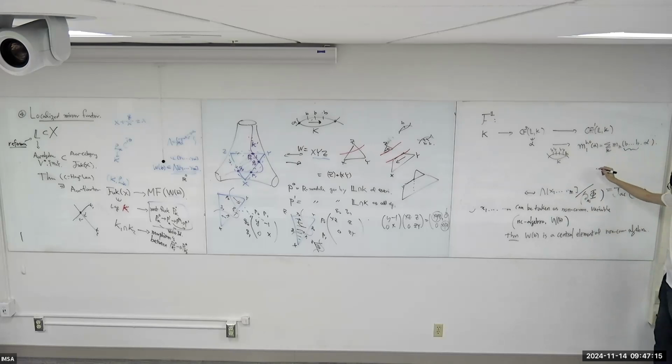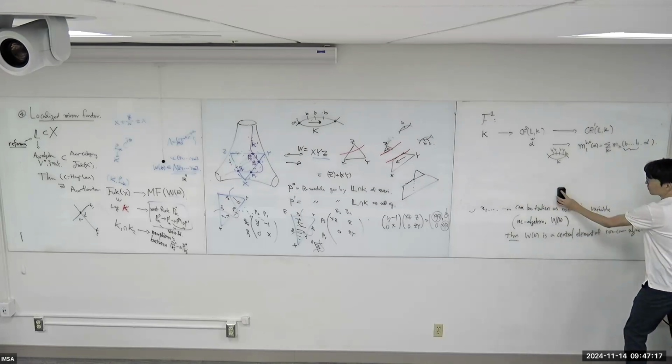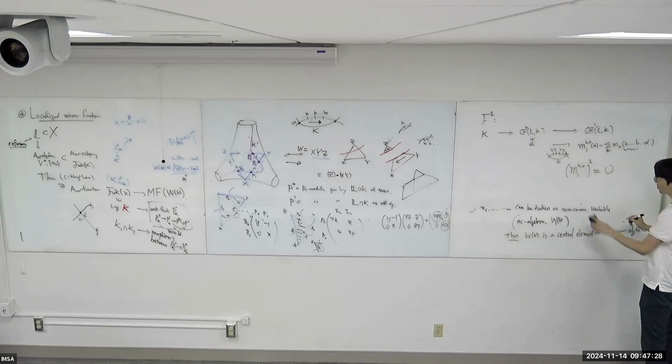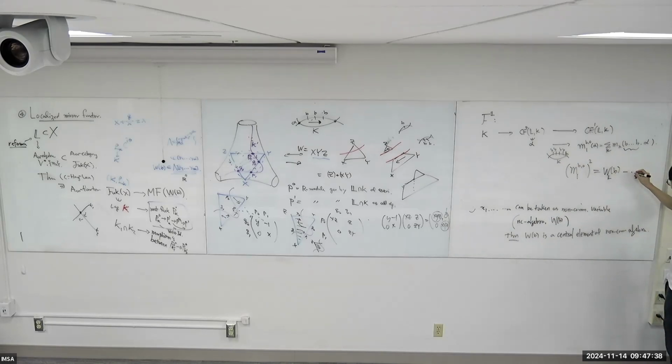And what I just showed is that this matrix factorization is just this identity of A-infinity equation, this M1 squared equals 0. So this is the original A-infinity identity, but because of deformation, now instead of 0, you get W of B of L minus W of K of 0.